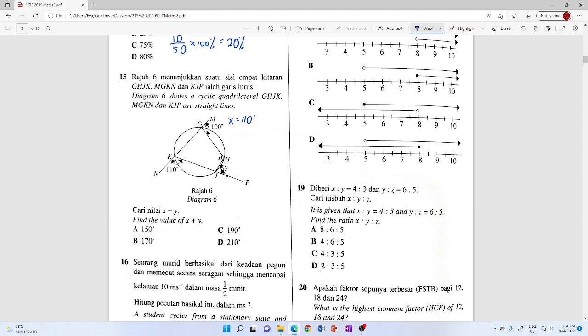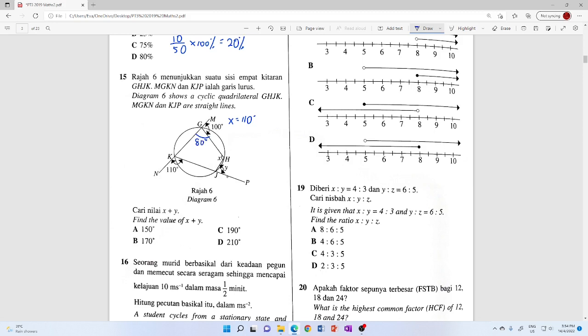This is the exterior angle will be equals to the opposite interior angles. So this is 110. And this is a straight line. Total angle for a straight line is 180. So this side will be 80.